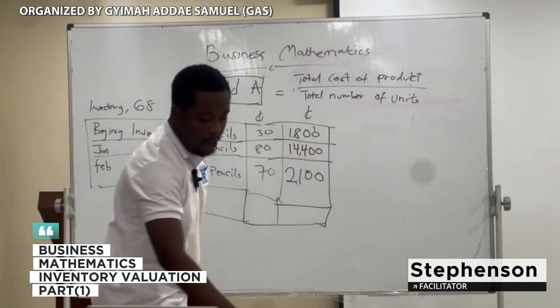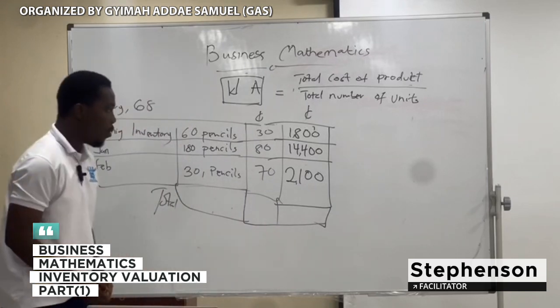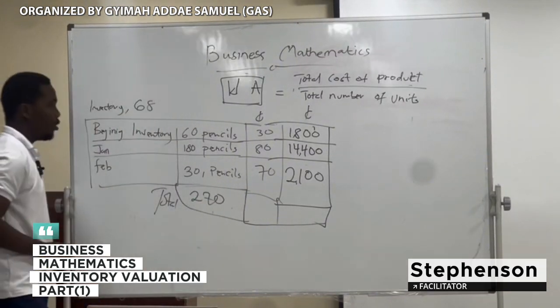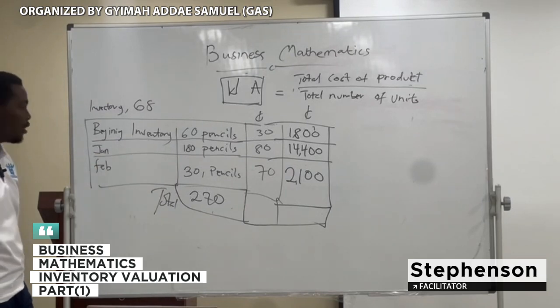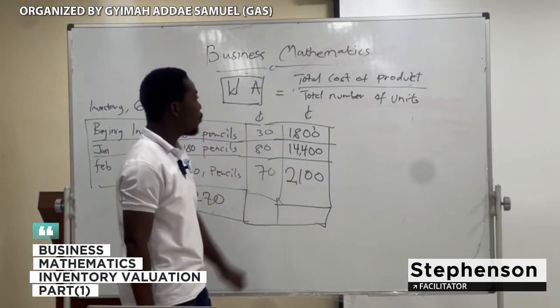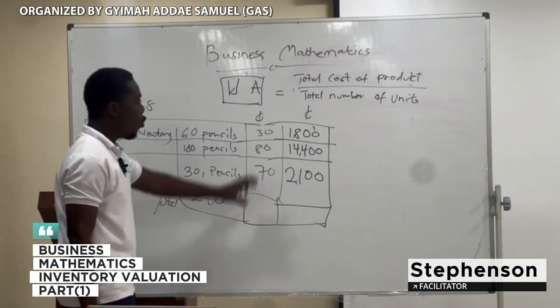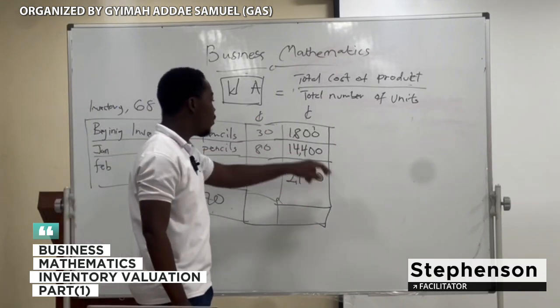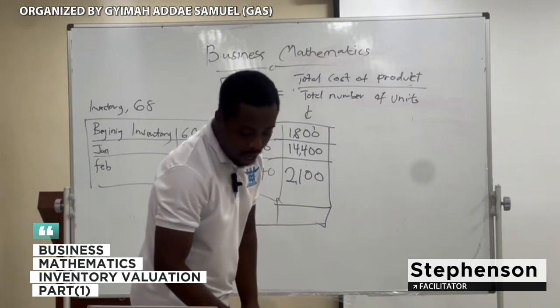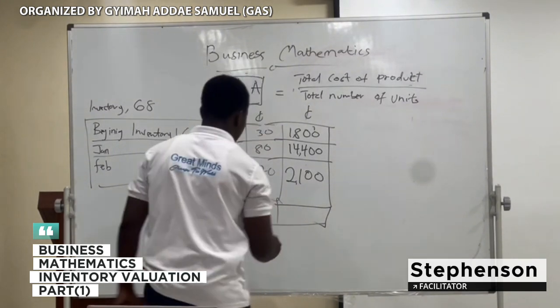So our total unit becomes 200 and 70, which is 270. When you sum it up, you are getting 270. What is our total cost for the product? So 1,800, 14,400, 2,000, and 100. When you sum, you are getting 18,300.